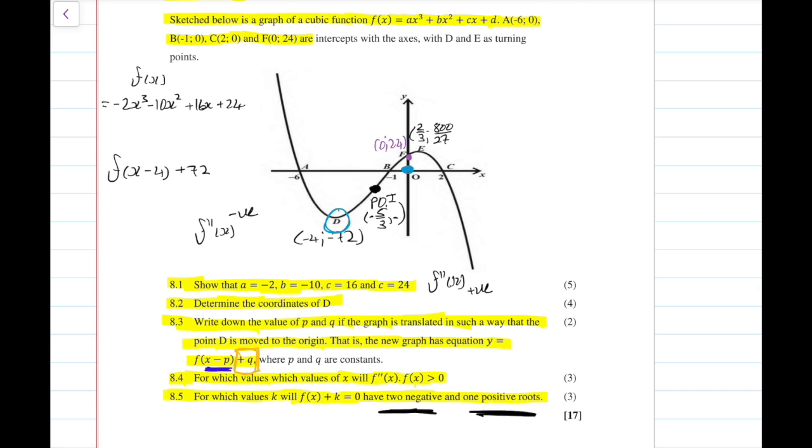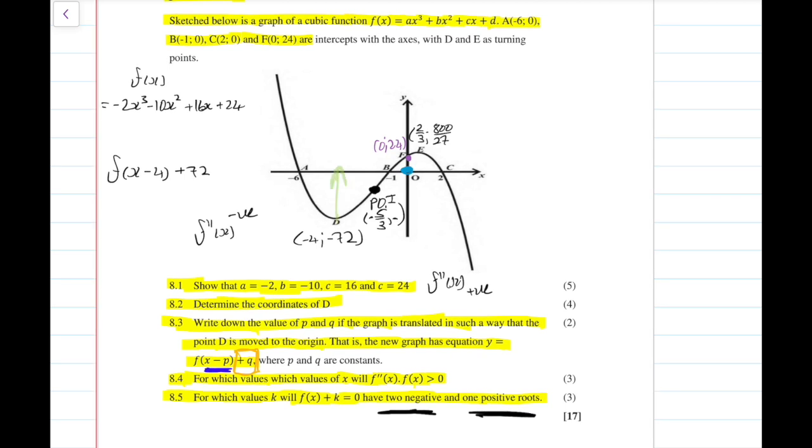If it goes above negative 72, or if it just touches it, we would end up with one negative and one positive. That's not what we want. We want to keep it as two negatives and one positive.